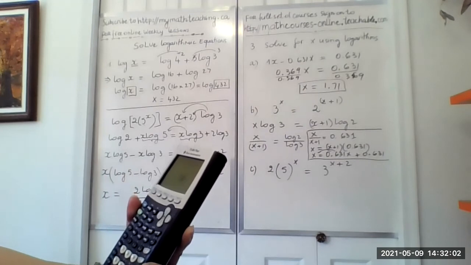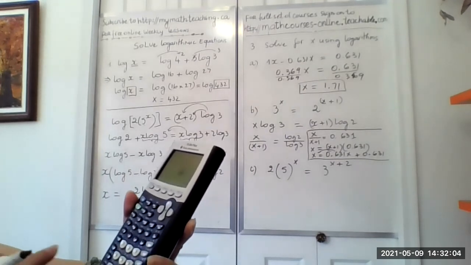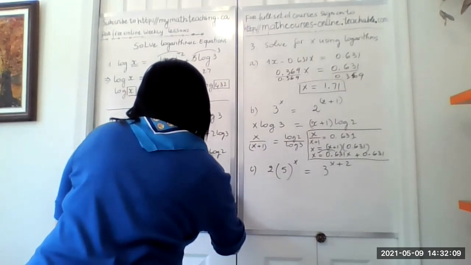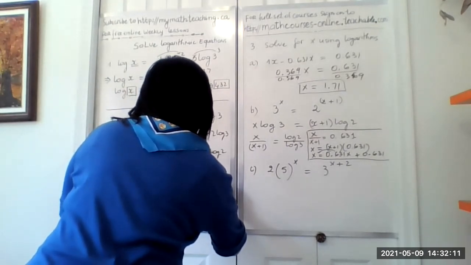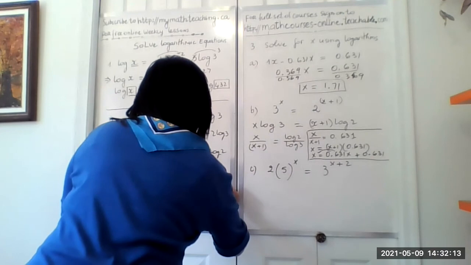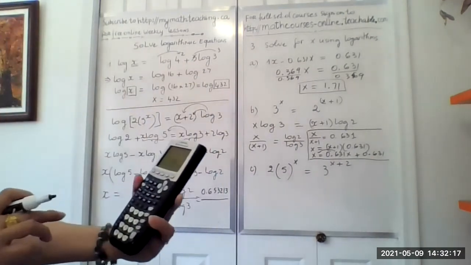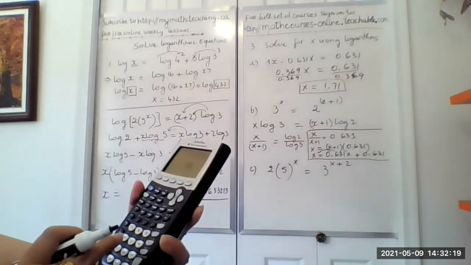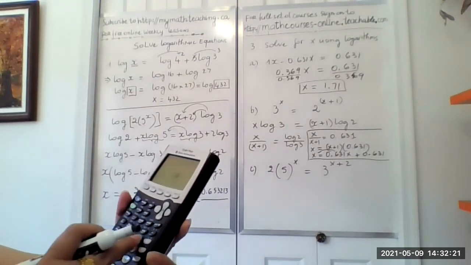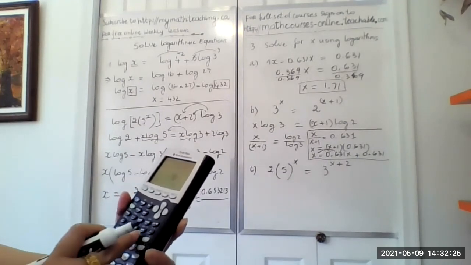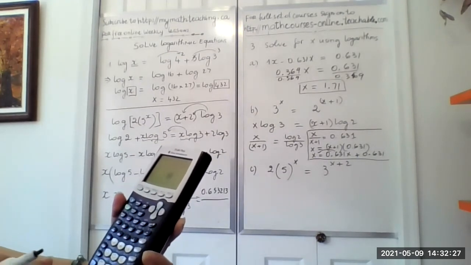So let's enter this number first. I will get this number on the top is 0.6532213 if I round off. And at the bottom, I'm going to do log of 5 minus log of 3 and enter.